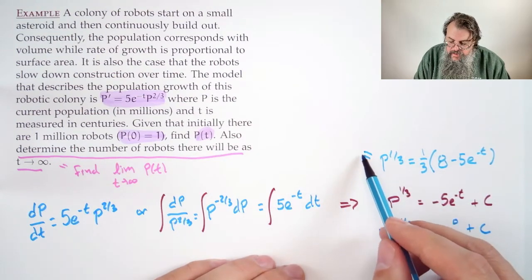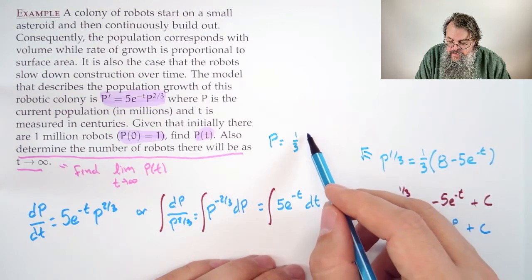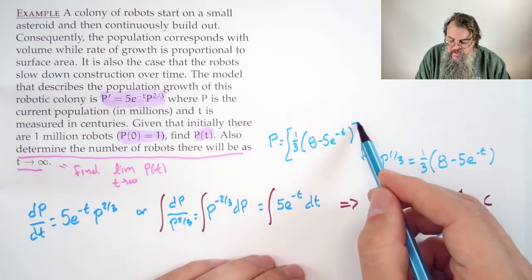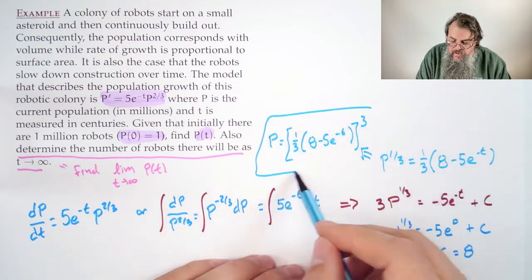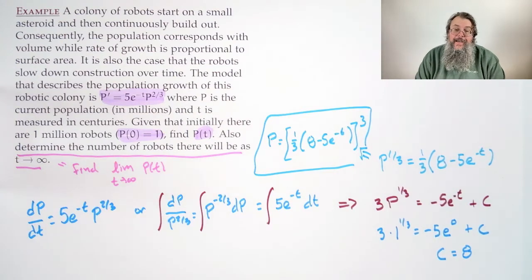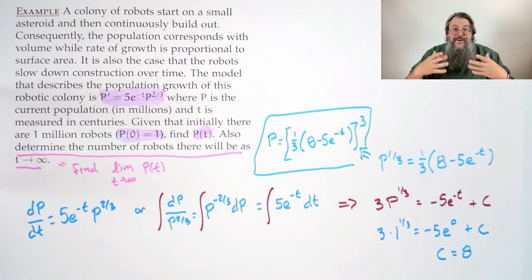So, lo and behold, P is equal to 1/3 times 8 minus 5 e to the minus t, cubed. So there we go. There's our P of t. All right, so that's great. So now we have our answer to our first question. Of course, there's also the also: determine the number of robots there will be as t goes to infinity.